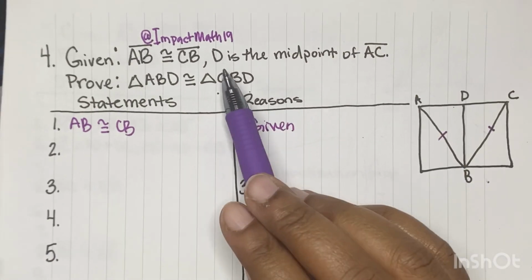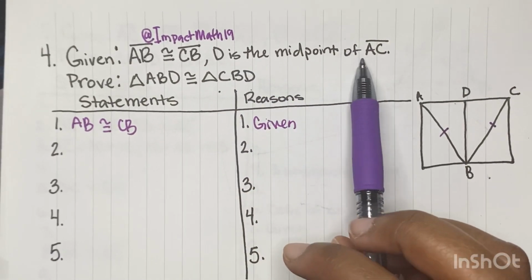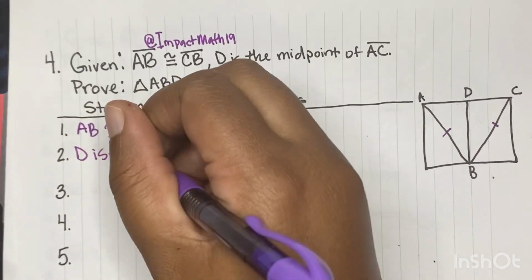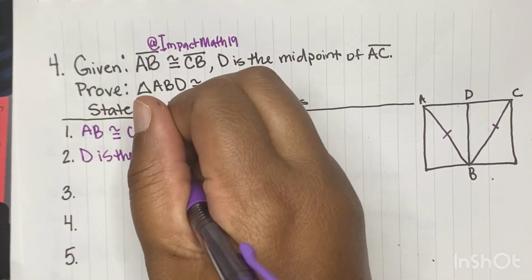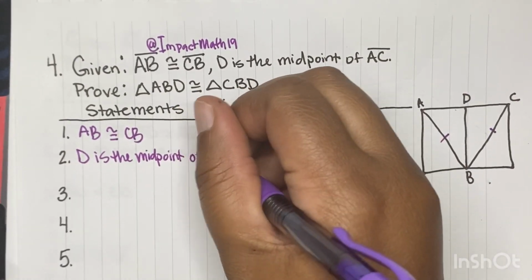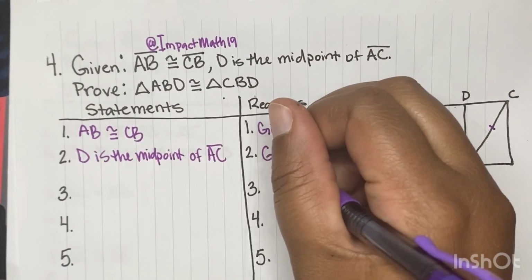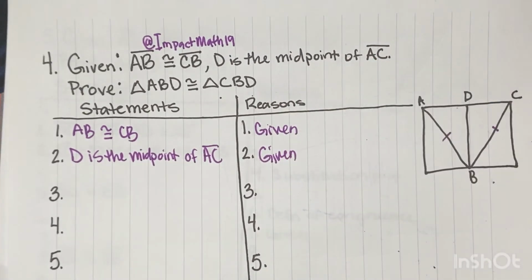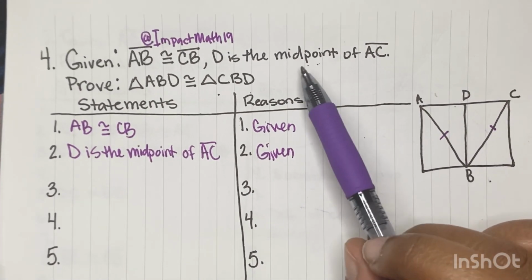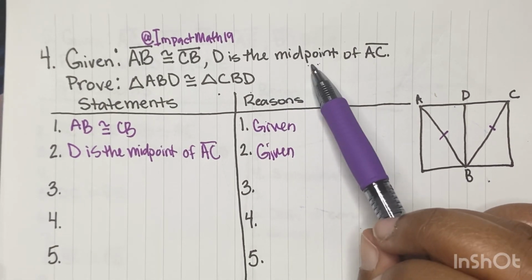My next given is D is the midpoint of AC. So D is the midpoint of AC, okay? And that is given. Again, you have to understand what midpoint means.